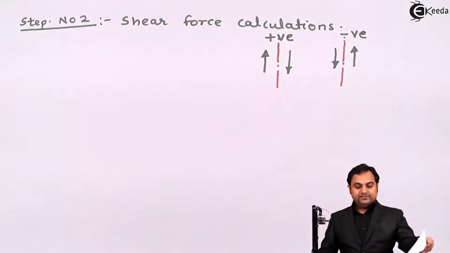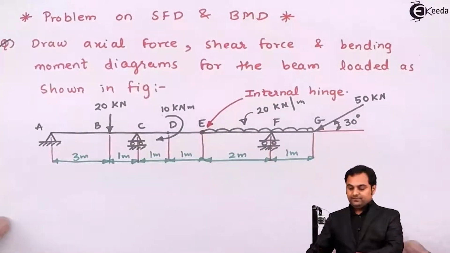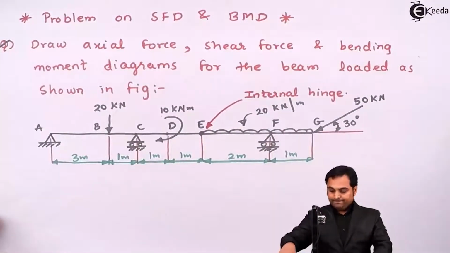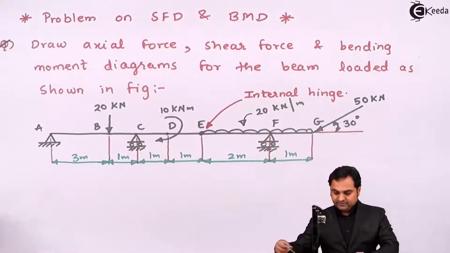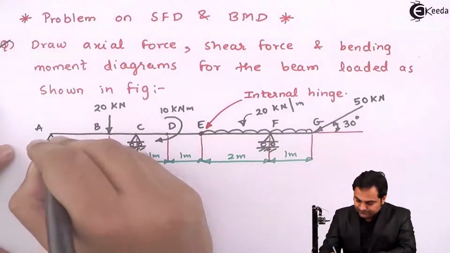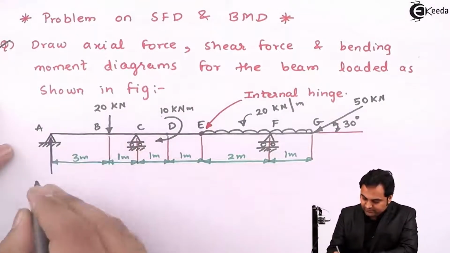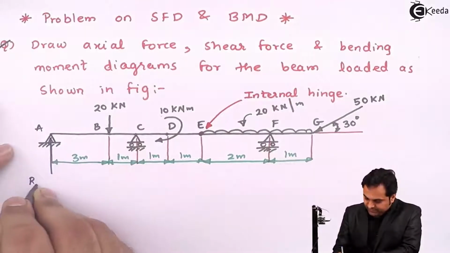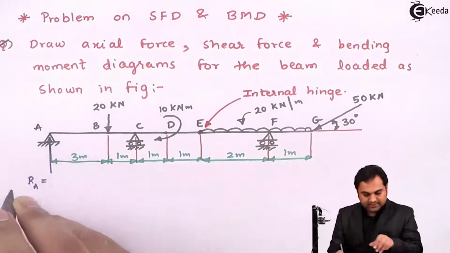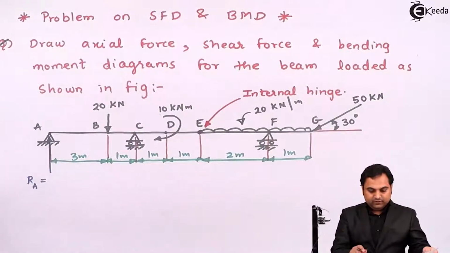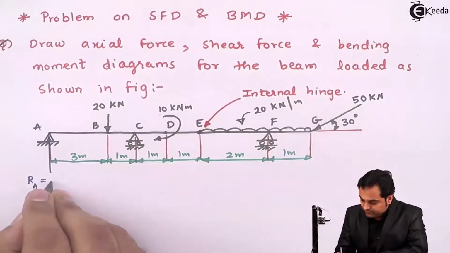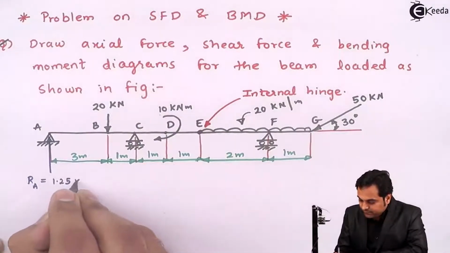After doing this, here on this beam diagram which they have provided, I'll mark the reactions so that it helps us out in the problem. Now for shear force calculation, we have to just take the vertical reactions. Ra value 1.25 kilonewton.